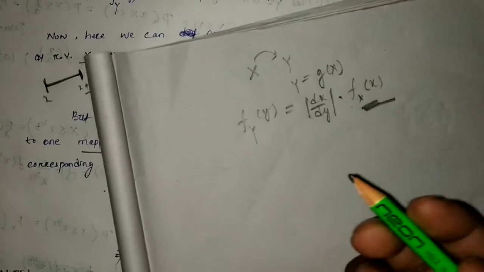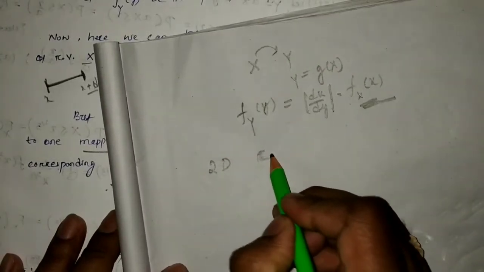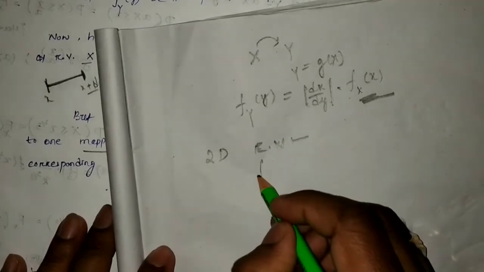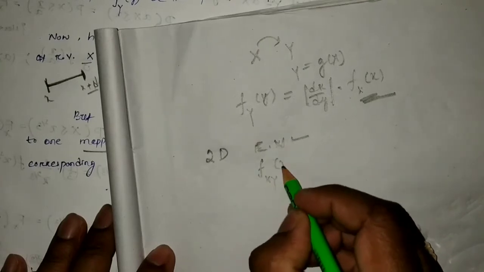Likewise, in the case of a two-dimensional random variable, suppose we have its joint PDF f of x y.